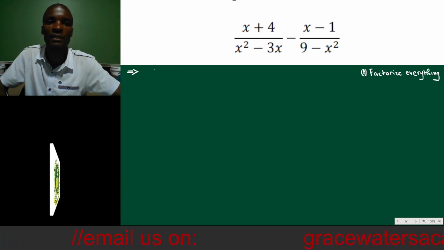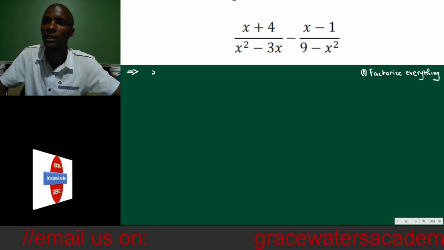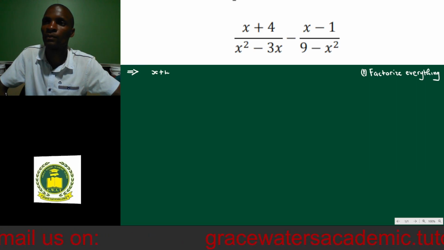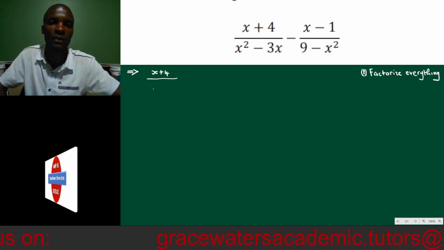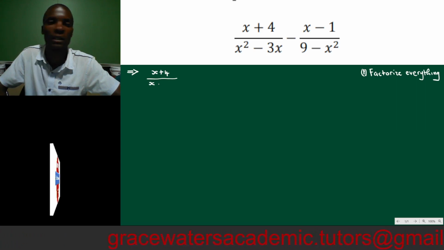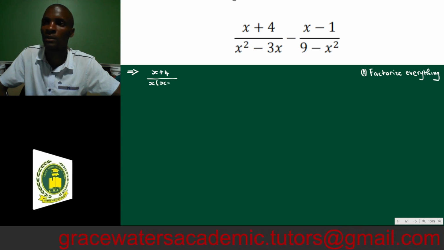The first part, which is x plus 4, cannot be factorized, so we write it as it is, x plus 4. And then each denominator can be factorized. It gives us x into x minus 3.